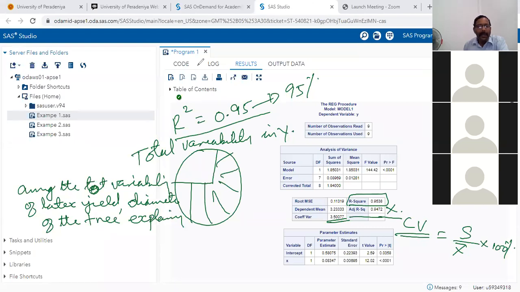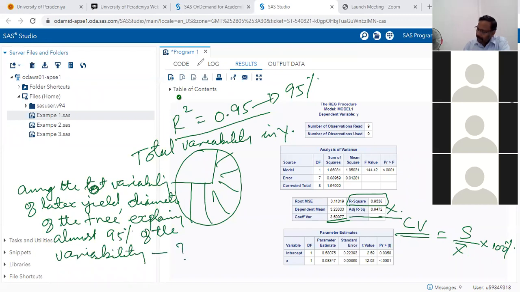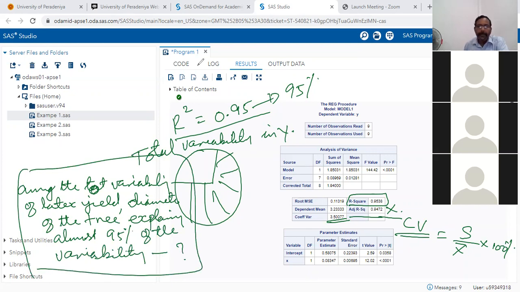Right? So among the total variability in latex yield, the diameter of the tree is explaining almost 95% of the variability.